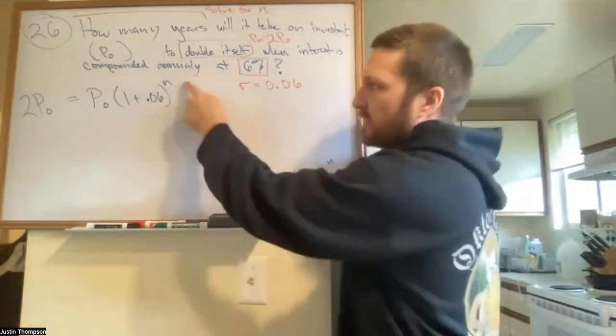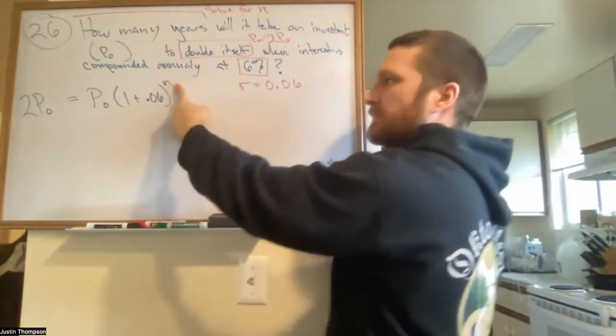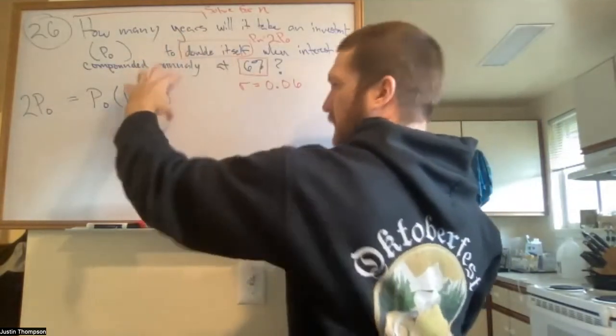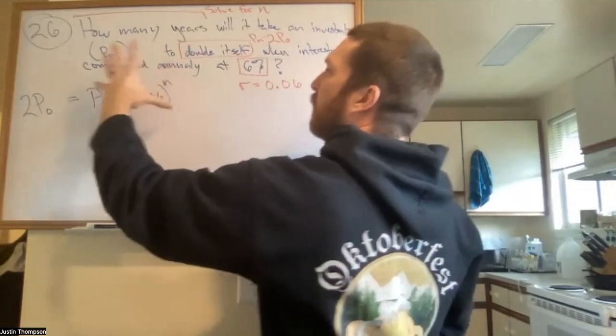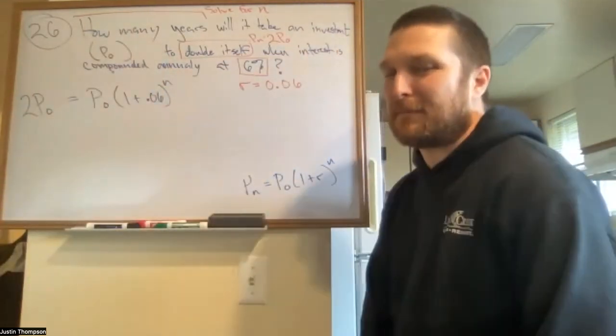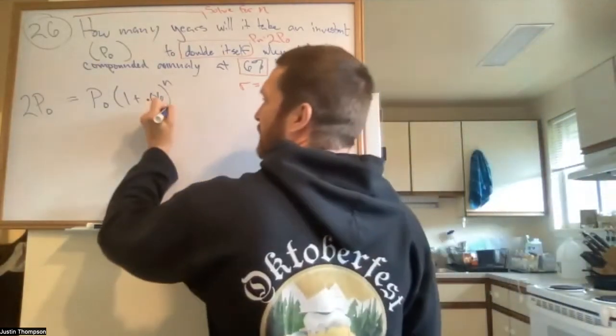Don't use your brain. We're just going to say, this is the thing I'm trying to get by itself, and we're going to take exactly the same steps as last time. This thing gets thrown up into an exponent, and then it gets multiplied by P0. So how do we undo multiply by P0? Divide by P0.